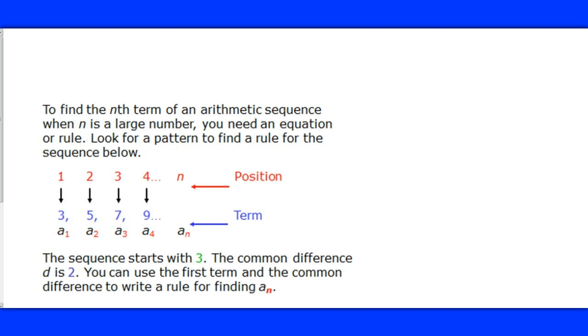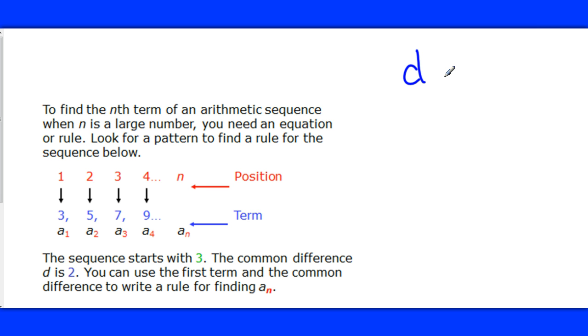Now, if you want to find the nth term in an arithmetic sequence, say the 100th term, if I know what the difference is, I could just add it over and over and over again until I got to the 100th term. But that would be craziness.